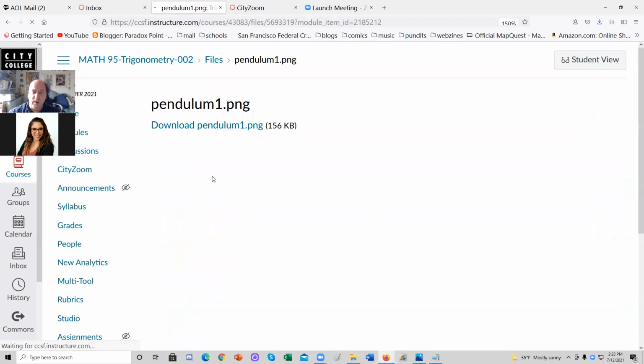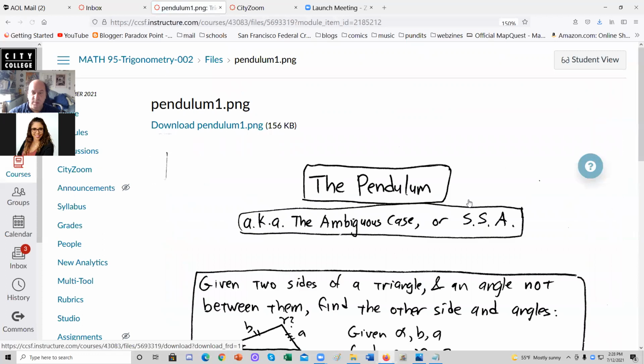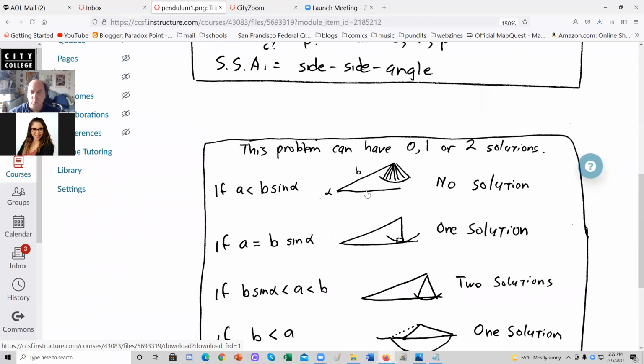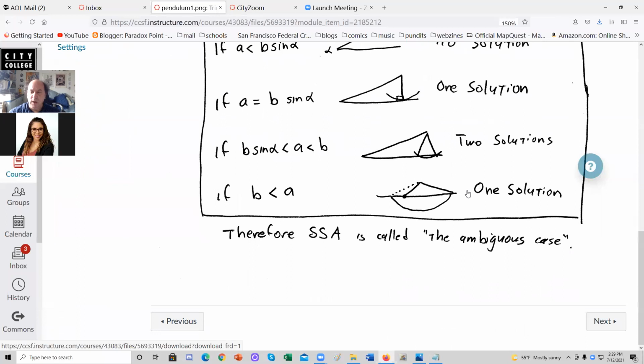This page also describes the pendulum. Given an angle and 2 sides, what are the other angles? What's the third side? And as I mentioned here, 0, 1, or 2 solutions. Here, the 2 solution case can reduce to a 1 solution case. So it's called the ambiguous case.